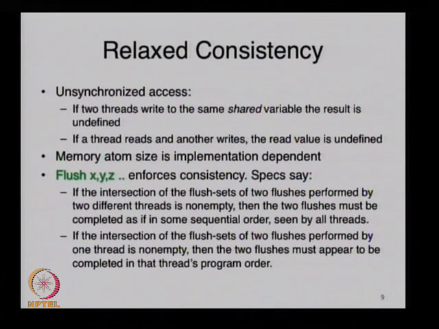And so now I'm reading from the spec the actual definition of consistency. It says that the flush set is the things that are inside the flush directive. Say flush x, y, z. So that is a flush set.